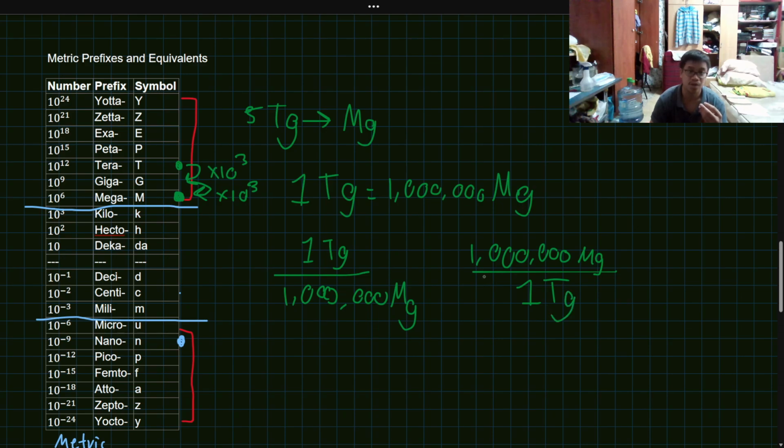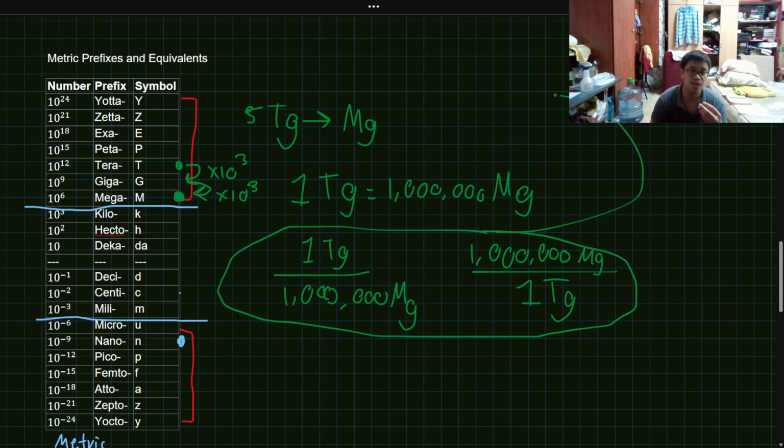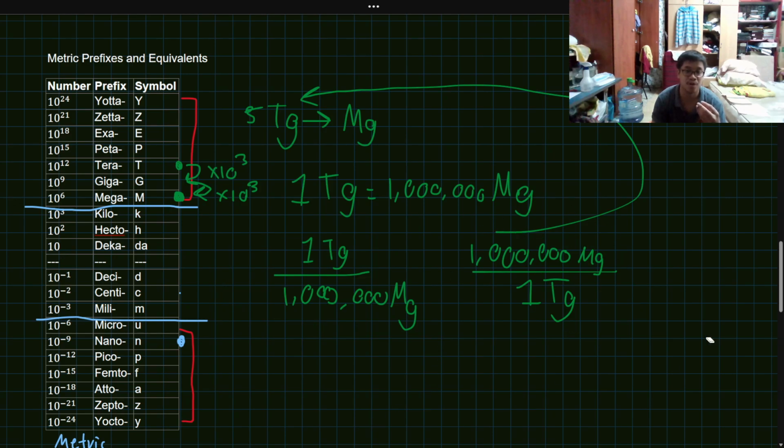The same question: which of the fractions will I use to multiply to 5 teragrams so that the teragram unit will be cancelled out? It's the second fraction, the one on the right.